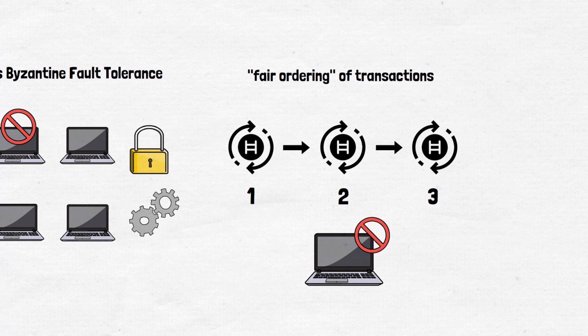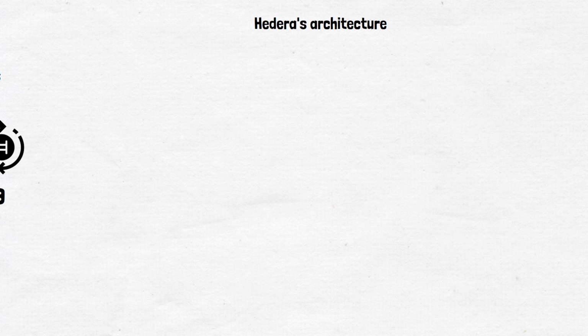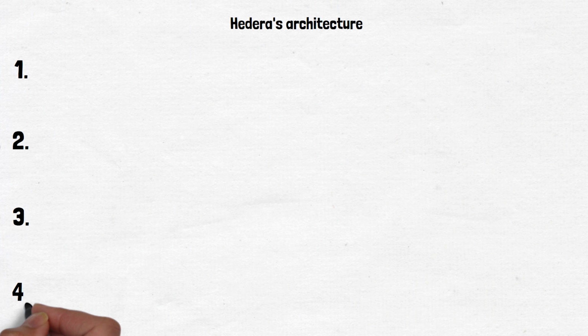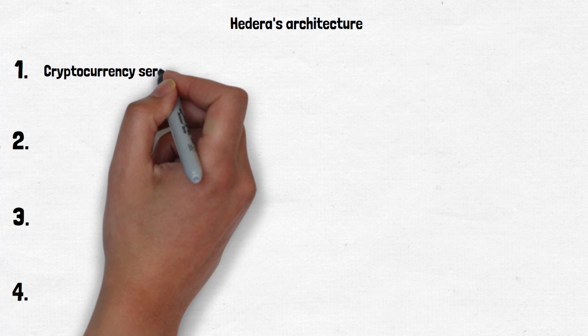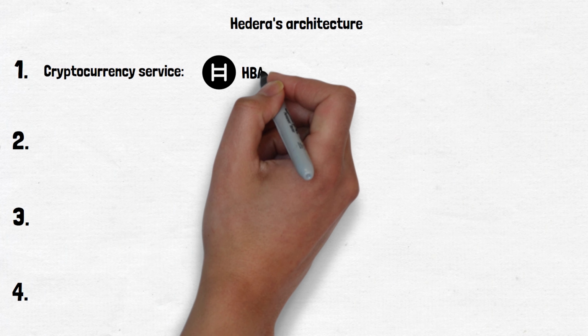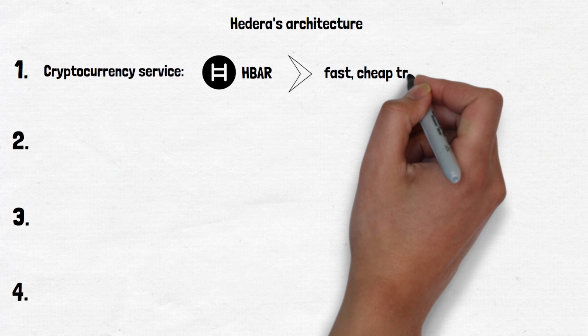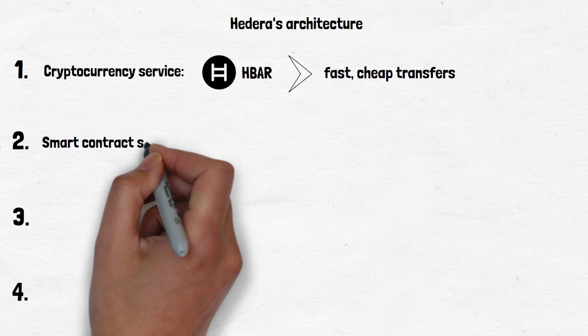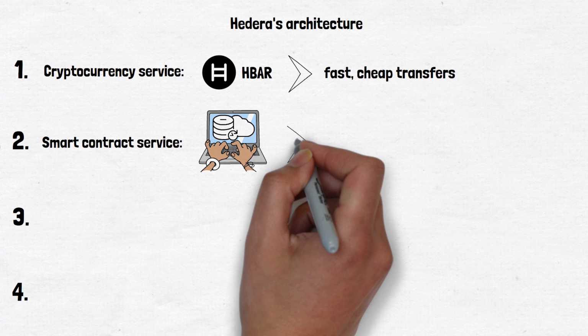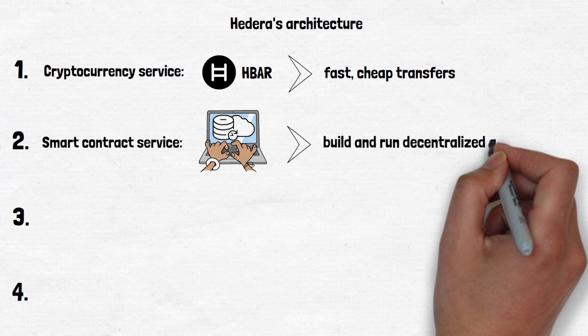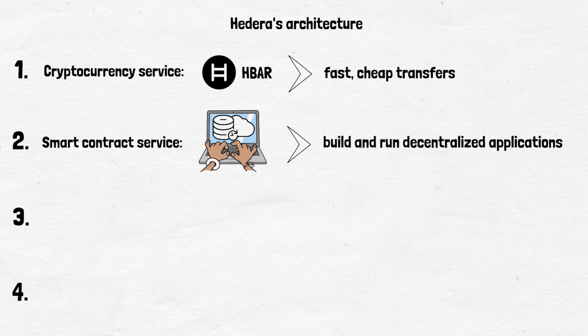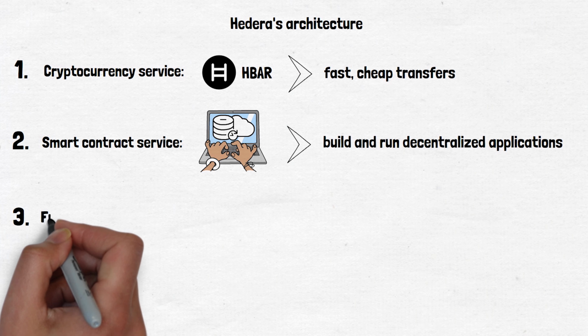Now, let's break down Hedera's architecture a bit more. Here are four main services that make up the Hedera network. First, there's the cryptocurrency service. This handles the native HBAR token and allows for fast, cheap transfers. Next is the smart contract service. This lets developers build and run decentralized applications on Hedera similar to Ethereum, but with much higher throughput. The third piece is the file service.